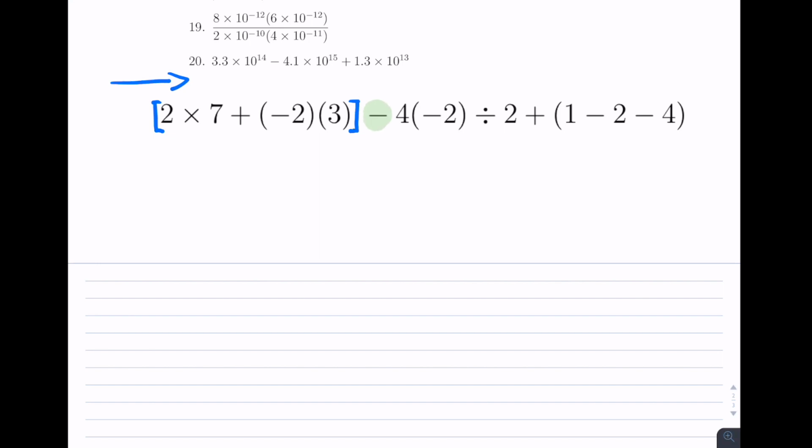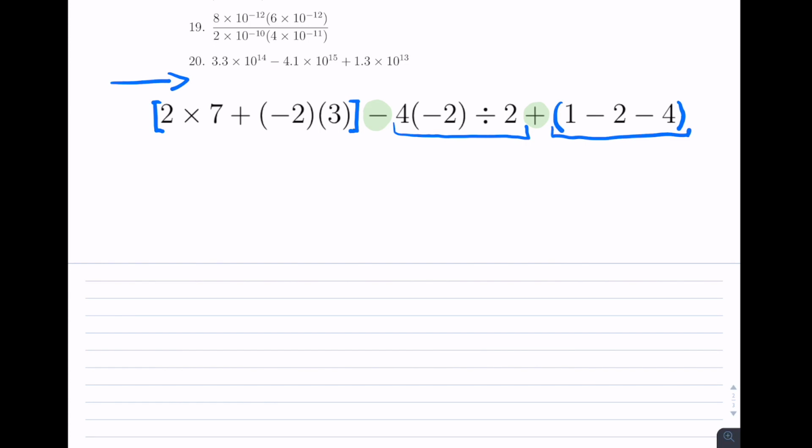So here's a subtraction, which means on the left of it is one term. And now, as you're walking through, it's multiplication, division, addition. You stop there. So that is our second term. And now again, this would be our last term inside of that bracket.